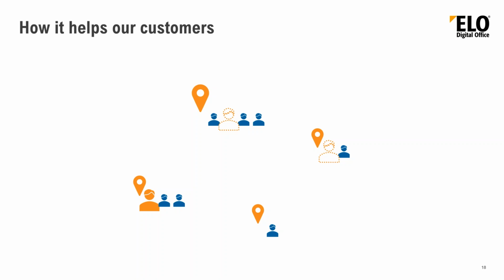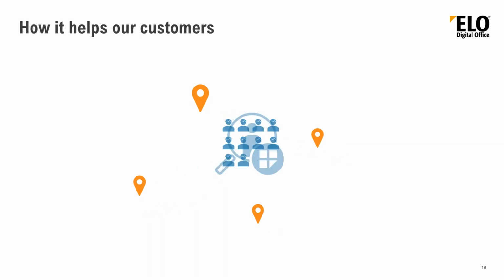We need a central overview of our candidates. And then, since they use the business solution ELO HR Recruiting, they don't have those things anymore, because every branch can manage its own recruiting process.